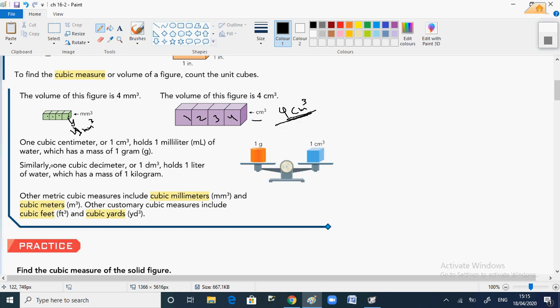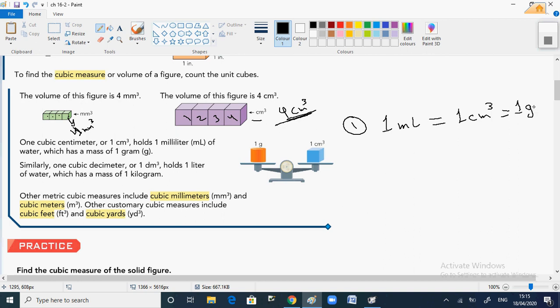Now, 1 cubic centimeter, or 1 centimeter cube, holds 1 milliliter. That means 1 milliliter is 1 centimeter cube. This is the first piece of information. It is of water which has a mass of 1 gram.